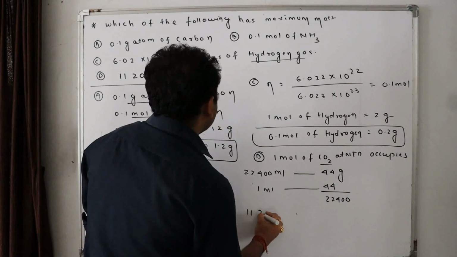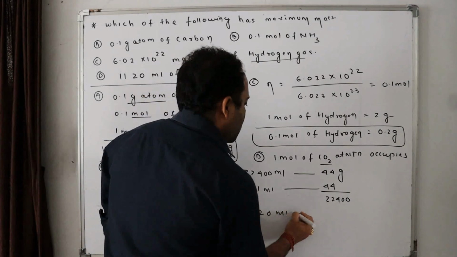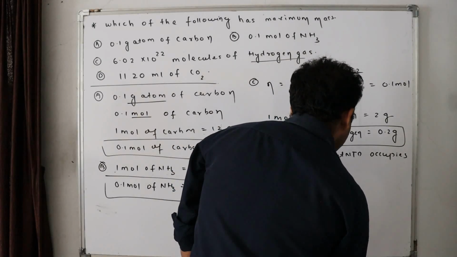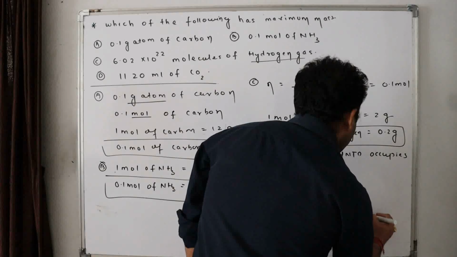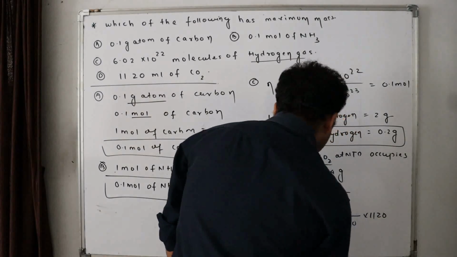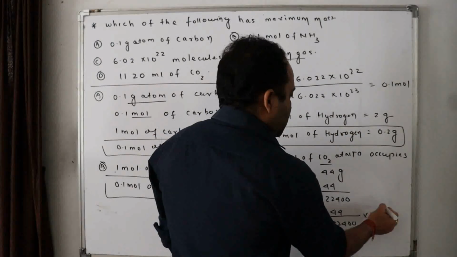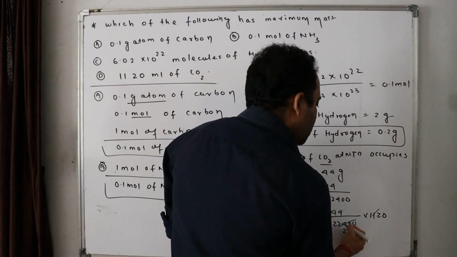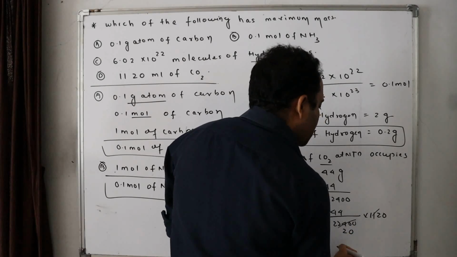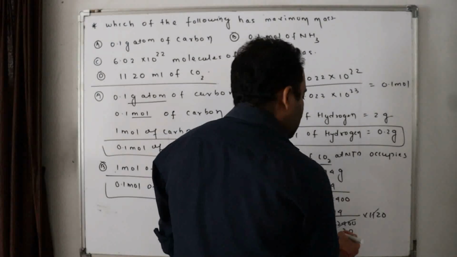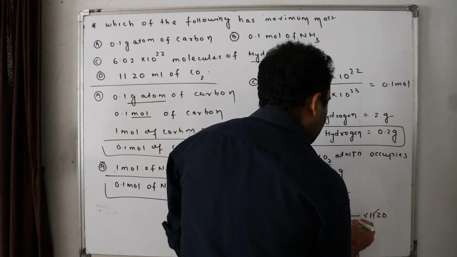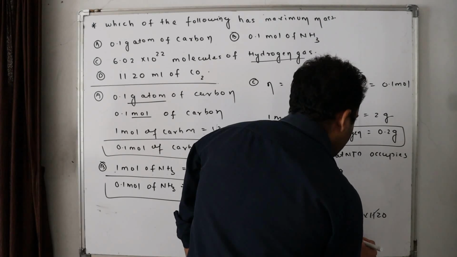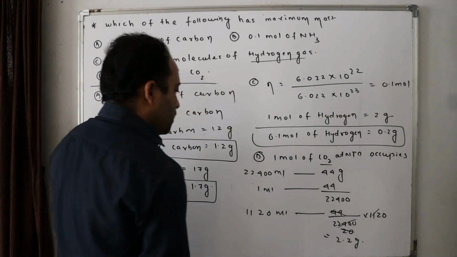So 1120 ml will be how much? 44 divided by 22400 into 1120. So what is the answer here? It comes to 2.2, isn't it? Yes or no?